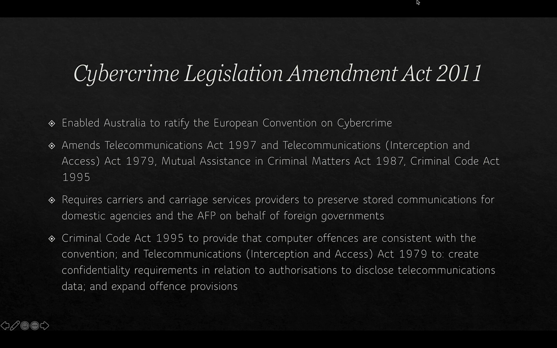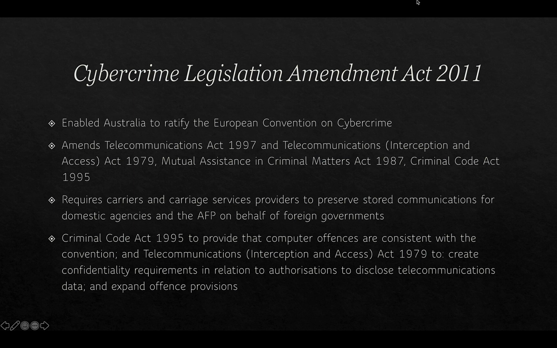So there's the Telecommunications Act 1997, Telecommunications Interception and Access Act, Mutual Assistance in Criminal Matters Act, and the Criminal Code Act. Cybercrime legislation requires carriers and carriage services, so telecommunication companies and ISPs, to preserve stored communications for domestic agencies and the Australian Federal Police on behalf of foreign governments.